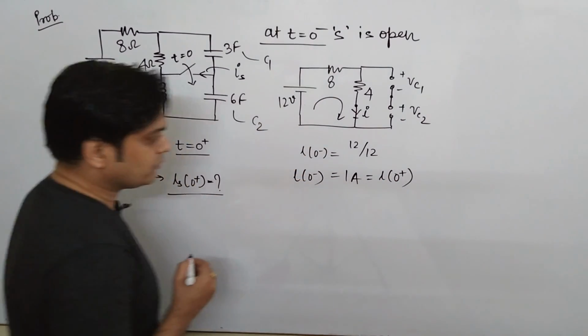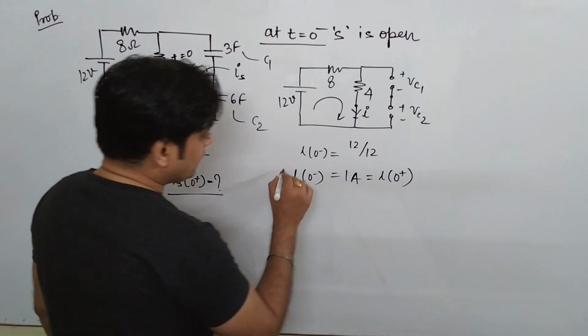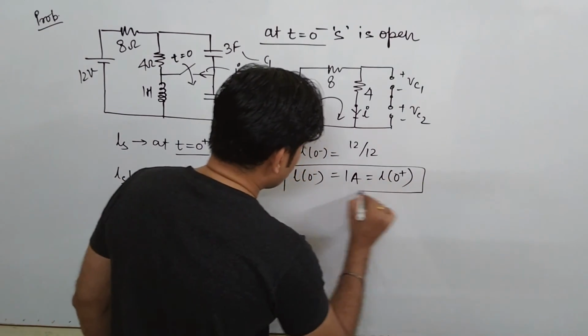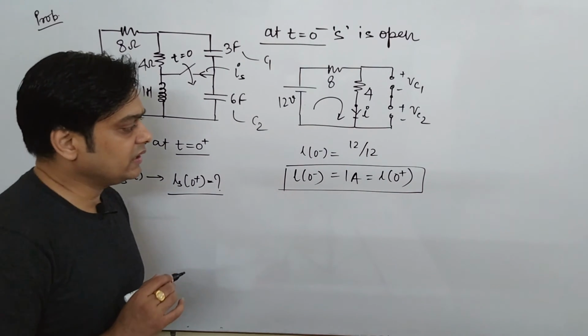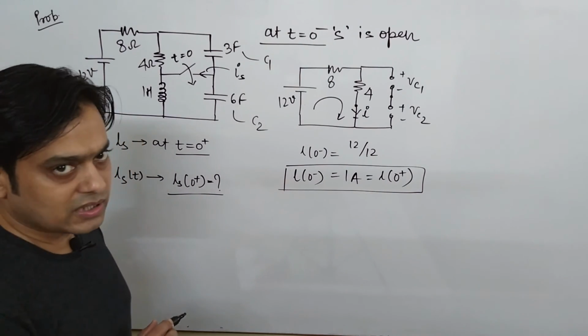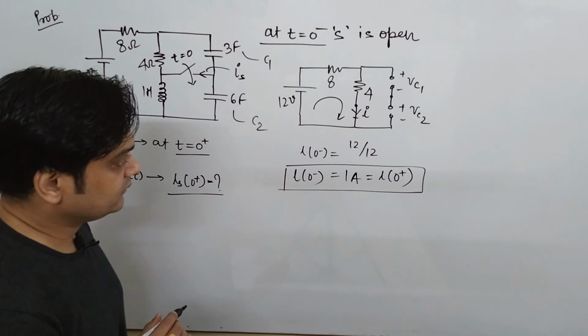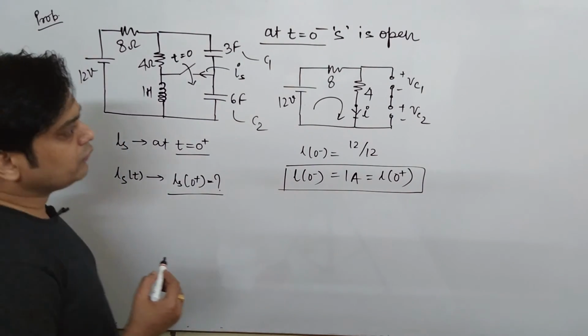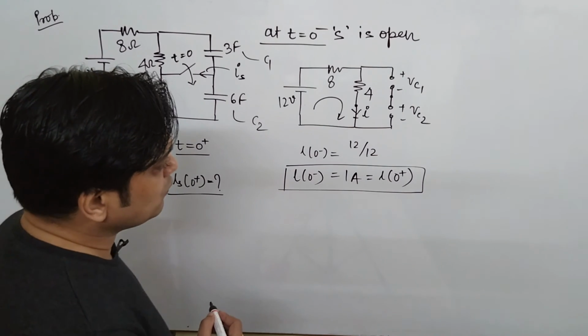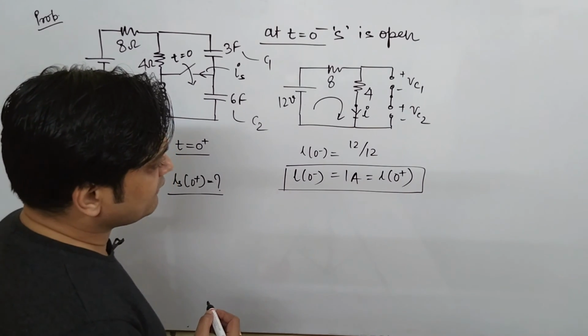And this is equal to I(0+). So this is your initial current, which shows that the inductor is initially energized by a 1 ampere current.